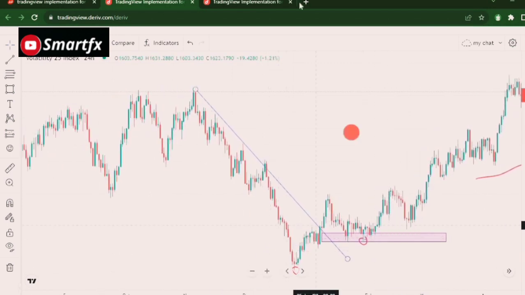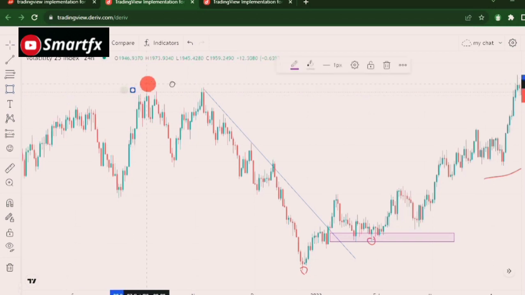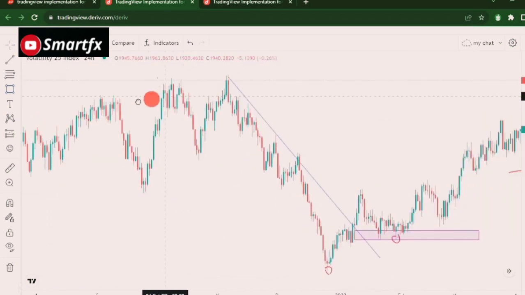So again, one thing I want to show you in this chart is the double top I was telling you about, which is a reversal pattern, one of the important reversal patterns in the market. As you can see, look at this double top here.